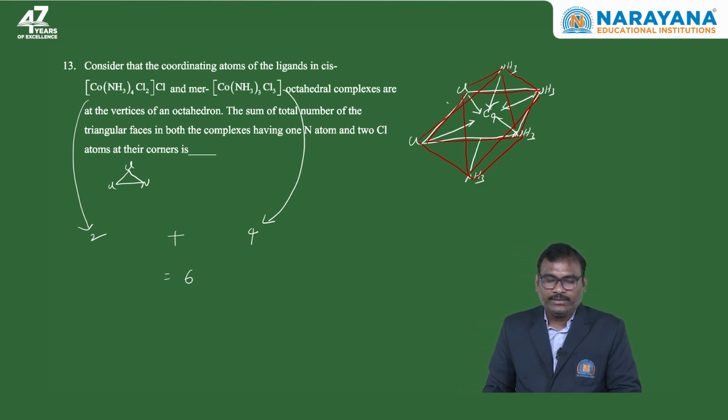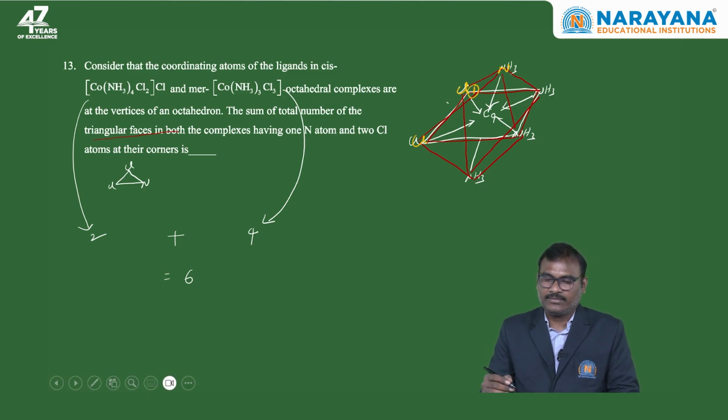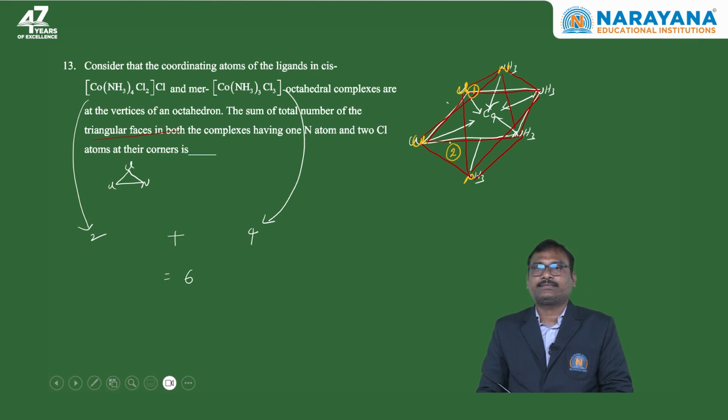The number of triangular faces in both complexes having 1 nitrogen atom and 2 chlorines. Let us see. This is chlorine, chlorine, nitrogen. So, this is one triangular face, chlorine, chlorine, nitrogen. This is one triangular face.